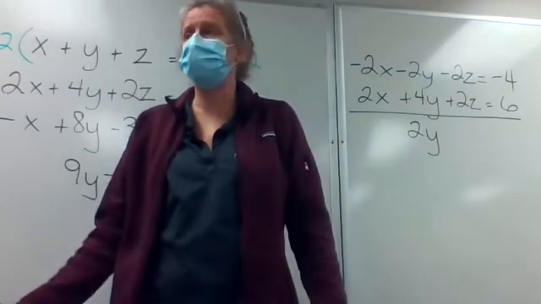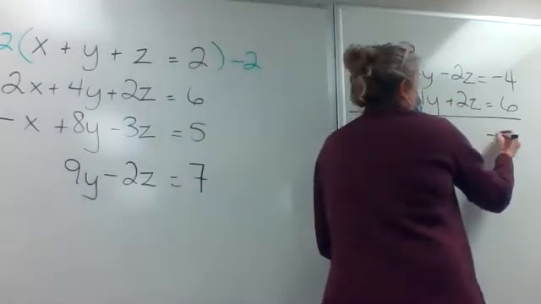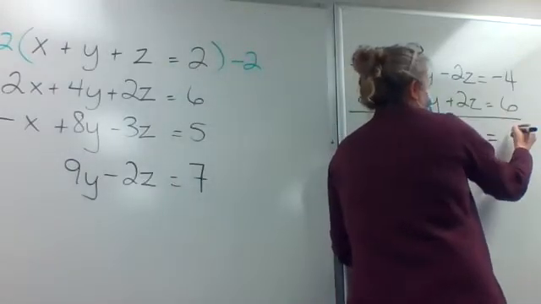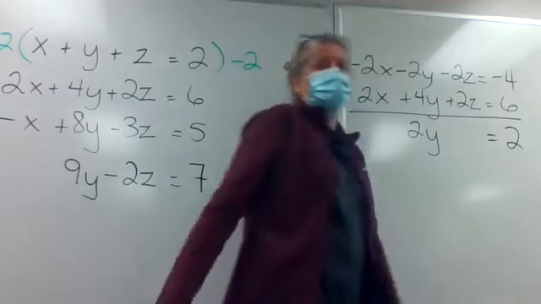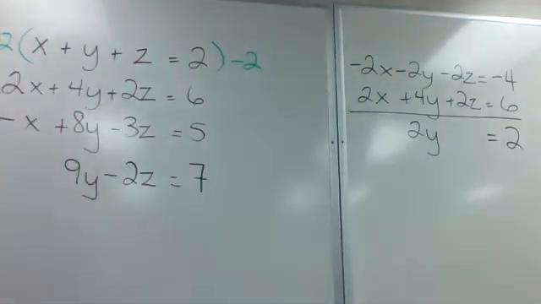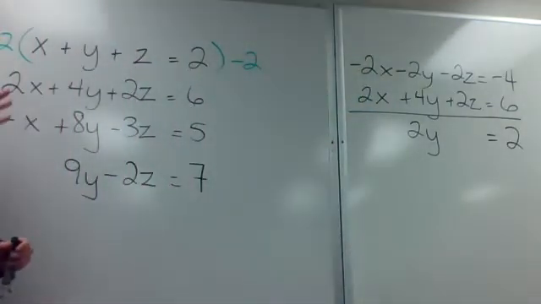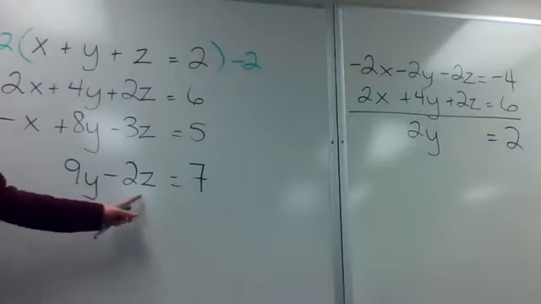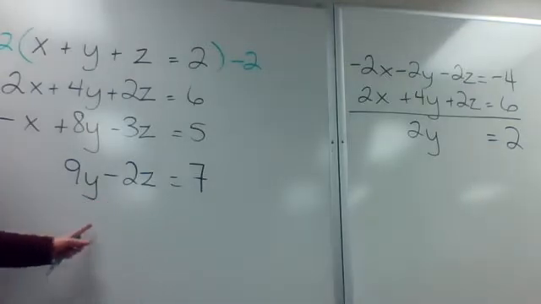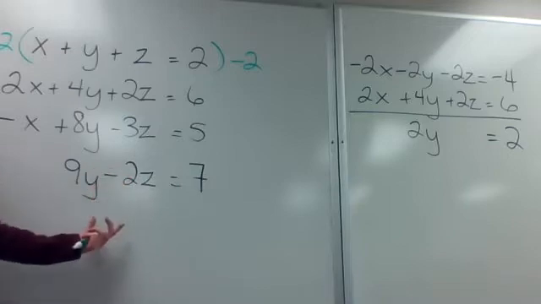Okay, that doesn't happen all the time, but my z's do cancel, which means I'm just left with -4 and +6, which is 2. Now, if your z's didn't cancel, you would still have y and z, right? Which you would put under here and then have to mess with them to eliminate another letter.